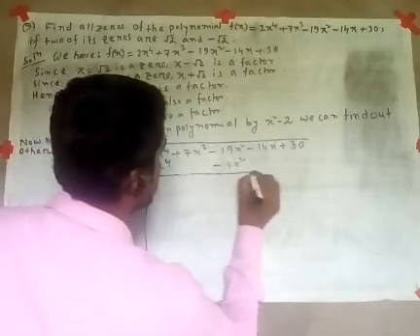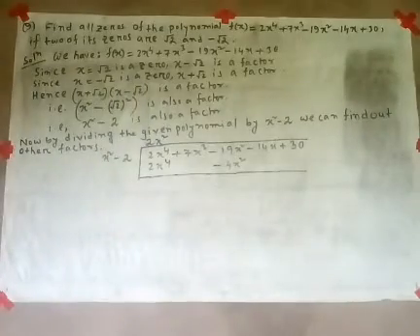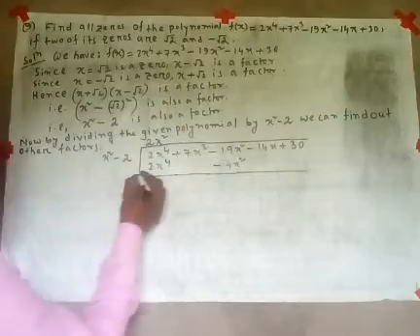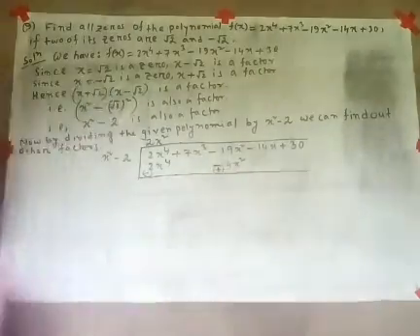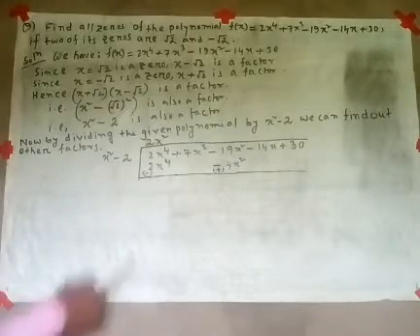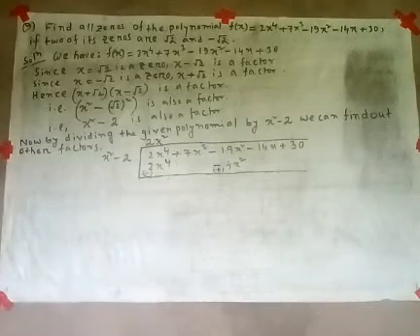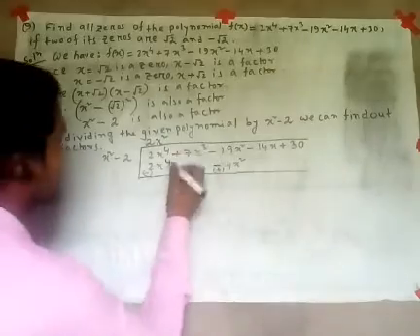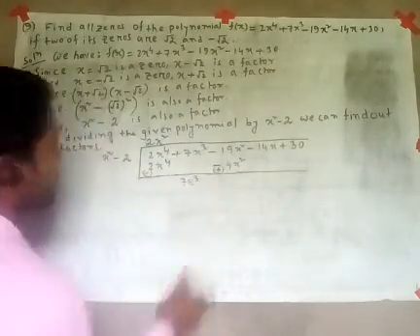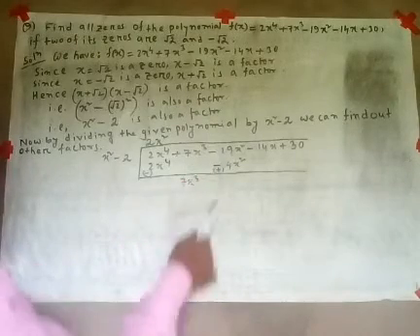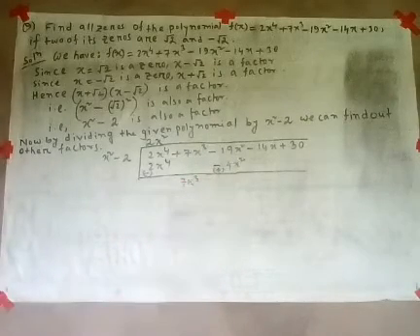Now we have to subtract again, so when going for subtraction the symbols will be changed. Plus 2x to the power 4 minus 2x to the power 4 cancel. What remains? Plus 7x cube, minus 19x square plus 4x square.